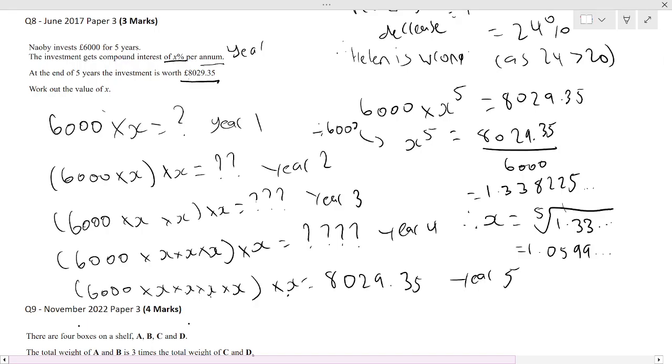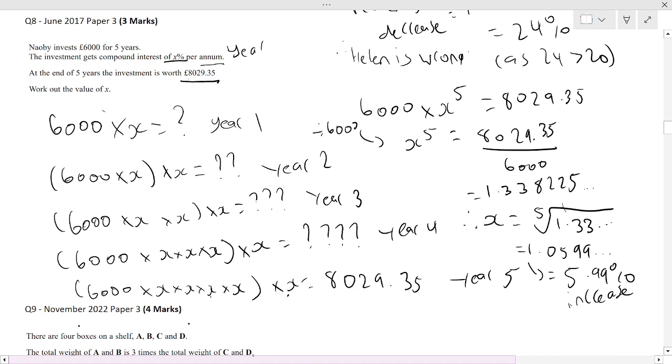Our percentage then, how are we going to get this as a percentage? Well, you just times by 100, right? That's 1.0599, so the percentage increase is 5.99%. Okay.